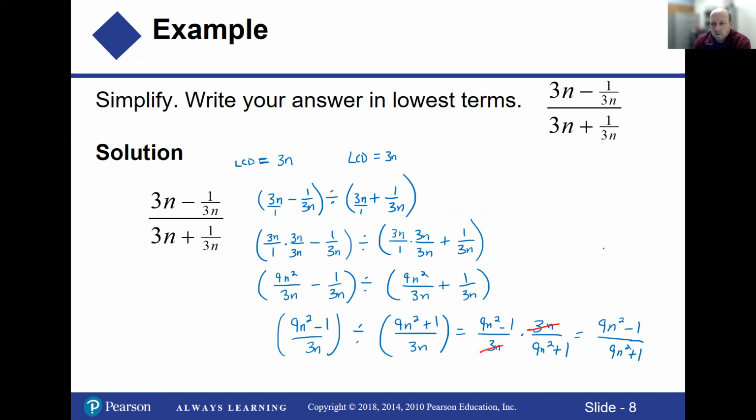If you want to, you can write the numerator as a difference of two squares, but the denominator is going to stay 9n squared plus 1, because there's no such thing as a sum of squares. There is a sum of two cubes, but not a sum of two squares. So this could be an answer, and also this could be an answer as well.